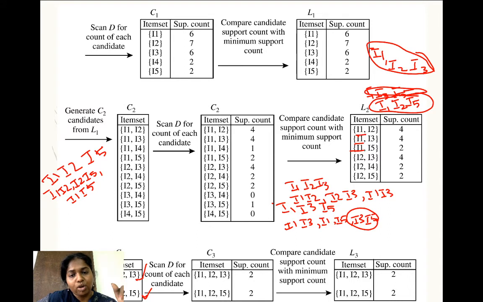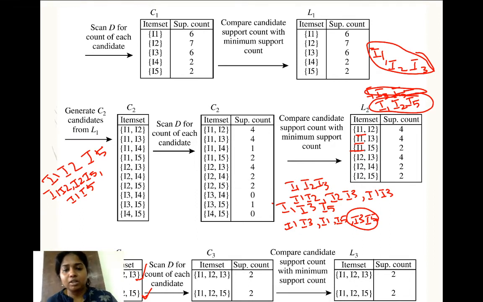I have to store all the L2 somewhere, pick up all the C3 somewhere, look back. So there is a lot of strenuous process going on in generating these possible combinations. Is there any method by which we can avoid generating these combinations? That's what we are going to see next.